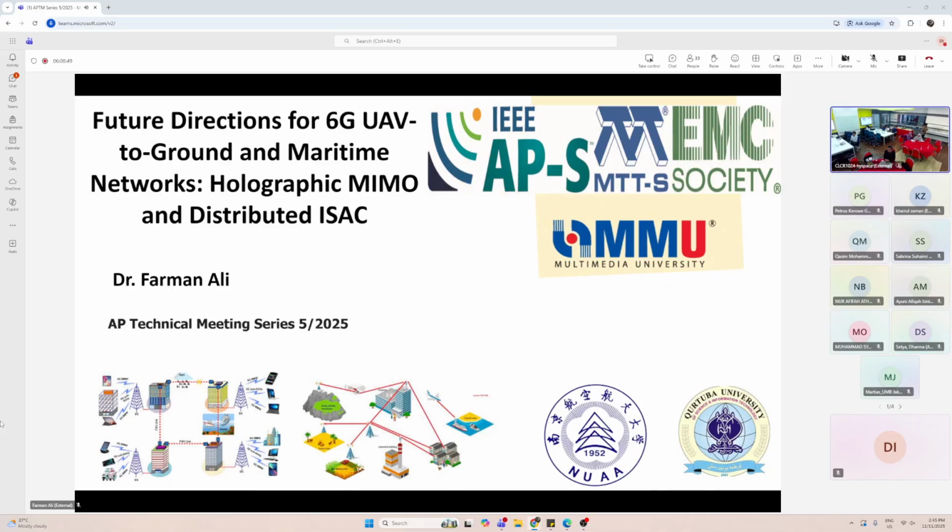The aim of this work is future directions for 6G UAV to ground and maritime communication. Why was this topic selected? Because the economy depends on shipping trade goods from one country to another through maritime scenarios.